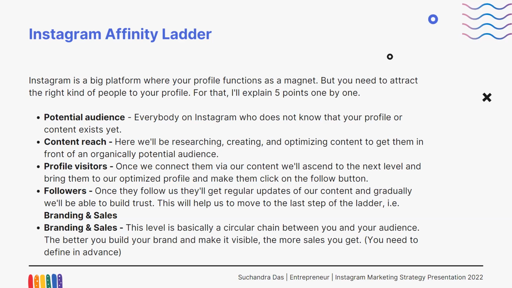Next point is content reach. Here we'll be researching, creating and optimizing content to get it in front of a potential audience organically. Why am I using the word organic? Because the audience that you gain organically, without paying any money to Instagram or Facebook, is actually authentic, and if you can build trust with them, they will help you increase your audience much more.